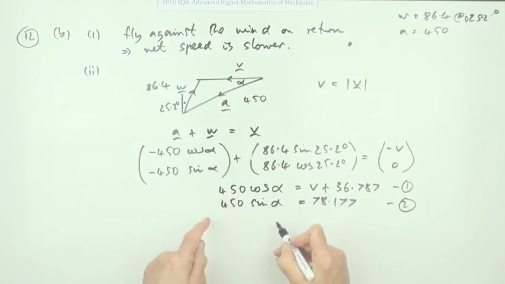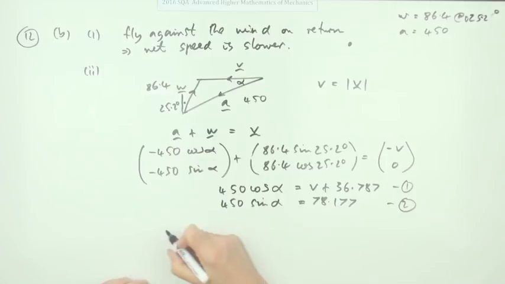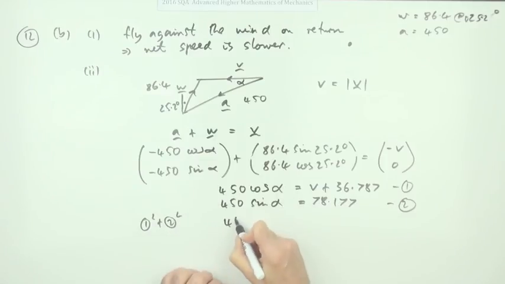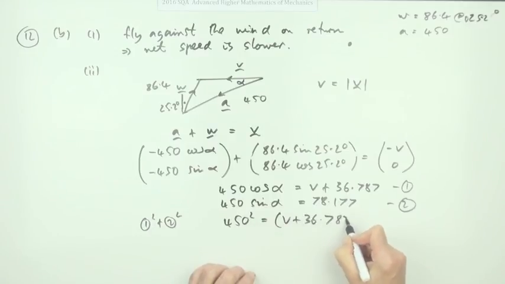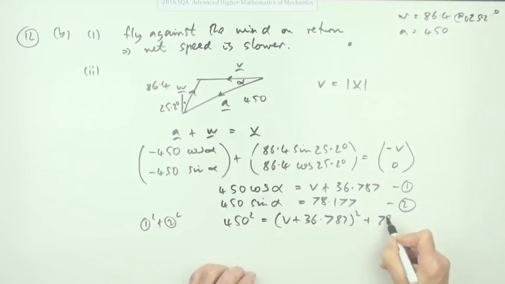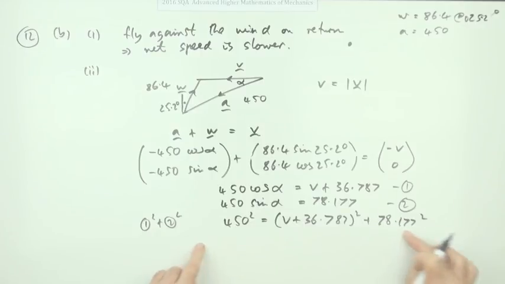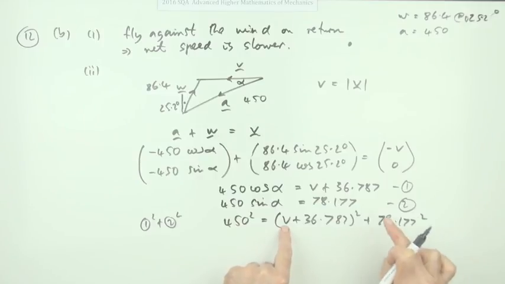So there's two equations with two unknowns. But if you do that same thing that you're used to with that wave equation, if you do 1 squared plus 2 squared, then that just becomes 450 squared equals (V plus 36.787) squared plus 78.177 squared. Now that might look as if I'll multiply that all out and get some quadratic with nasty coefficients in it, but you don't need to do that because there's only one mention of V. To get to V, I just need to get rid of this by subtracting it, take the square root, and then finally subtract that number.